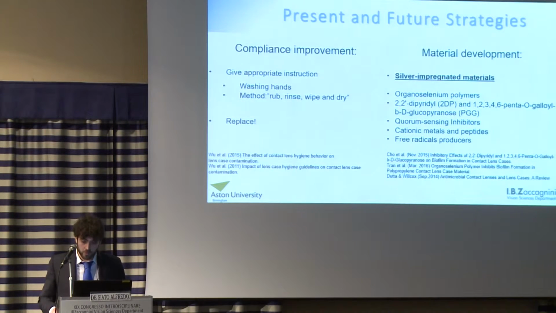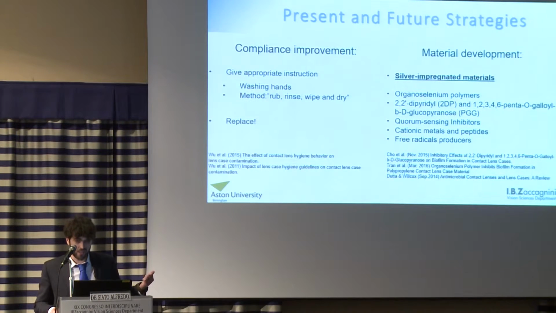And the second strategy involves research, particularly on the materials used. Here I underlined silver-impregnated materials because they are the only ones available on the market now. I want you to pay attention to the first 2, organoselenium polymers and these strange words, TDP and PGG, that are the most recent.